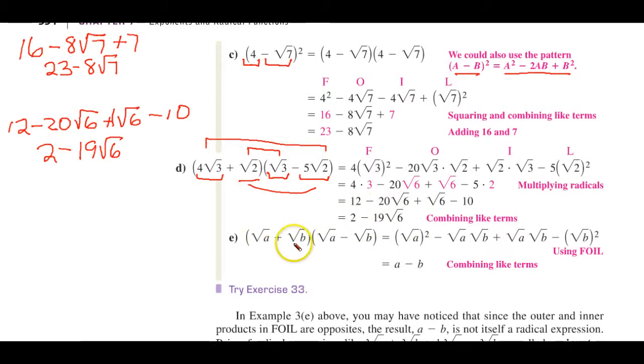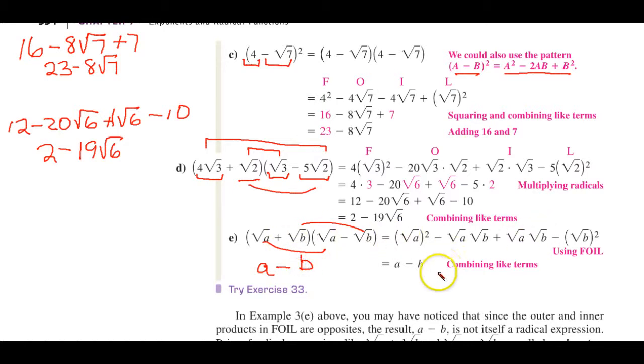Perfect. And I also did this one in the other tape too, where these are the conjugates. Okay, they're not mentioning the word here yet, but that's what they are. And when you FOIL conjugates, you only have to worry about the first and last. So this is square root of a times the square root of a is square root of a squared, which is a, minus the square root of b squared, which is b.